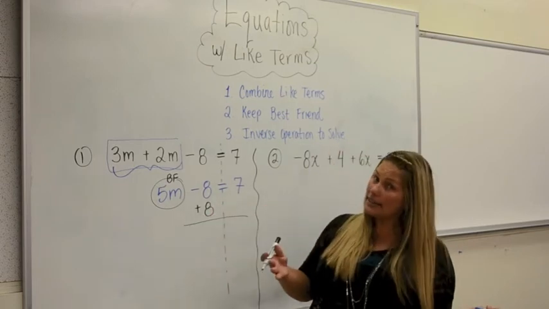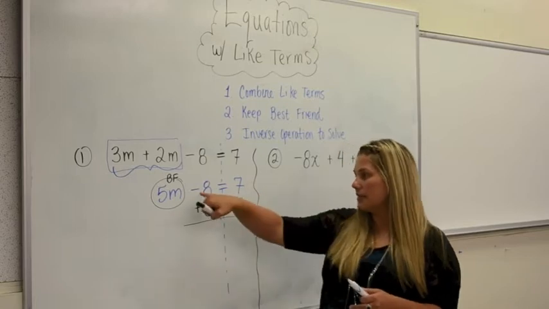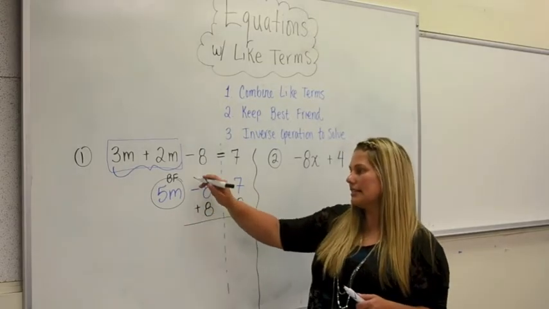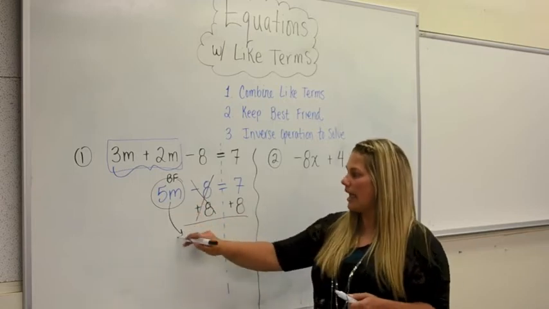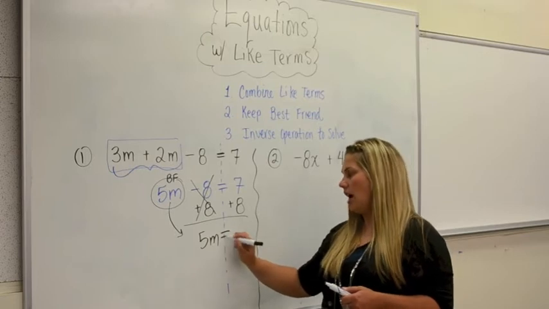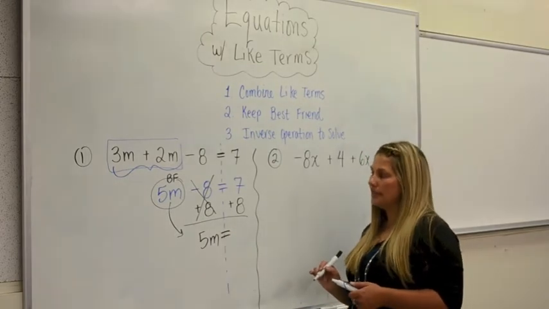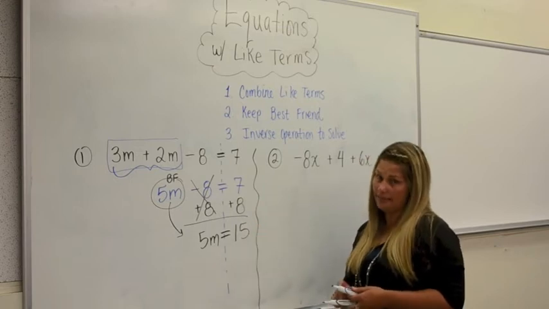And what we do to one side of the equation, we have to do to the other. So negative 8 plus 8, different sign, subtract gets us 0. And we still have 5m on the left side. On the line is where we put our equal sign. And 7 plus 8, we have 15.